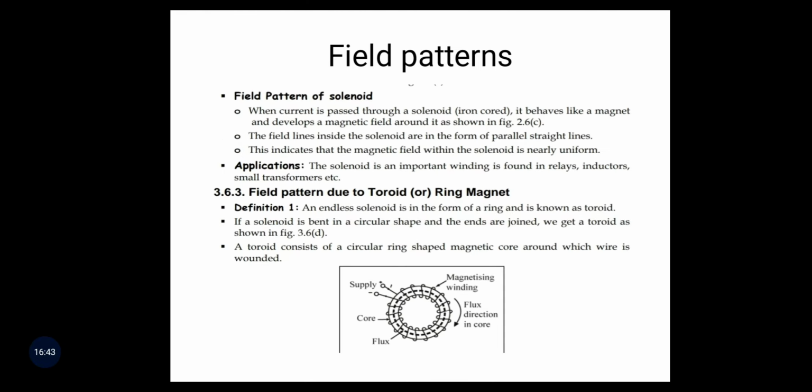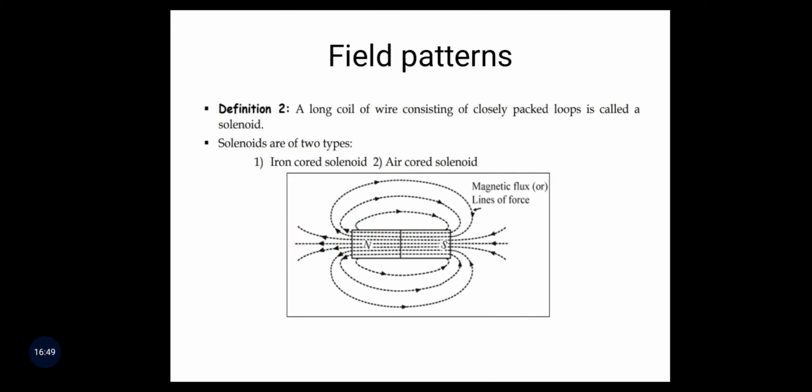So here again we discuss the field pattern of a solenoid. First of all, a solenoid has two types: iron core solenoid and air core solenoid. An iron core solenoid has iron as a core, and an air core solenoid has air as a core.